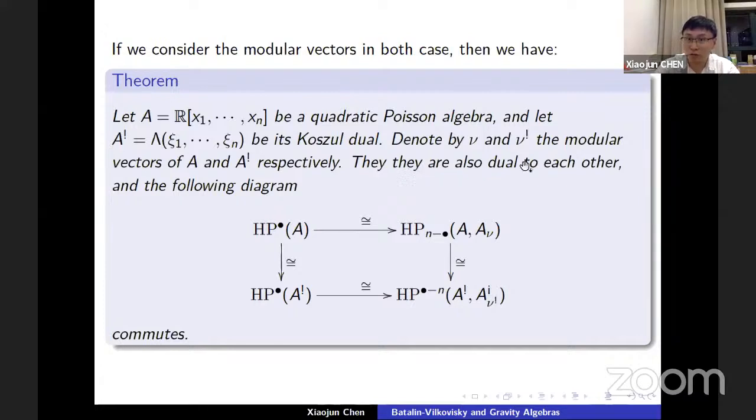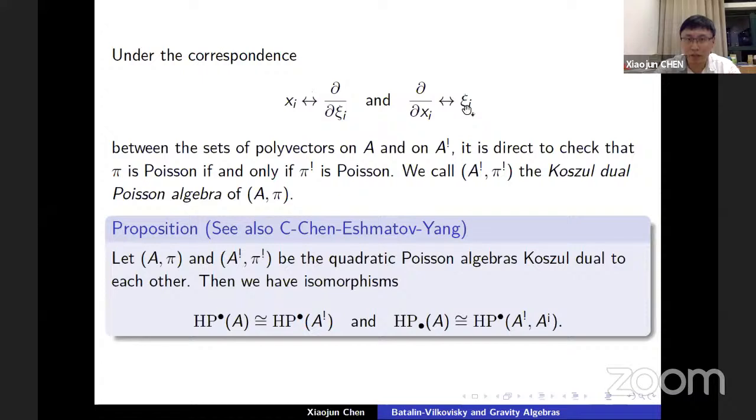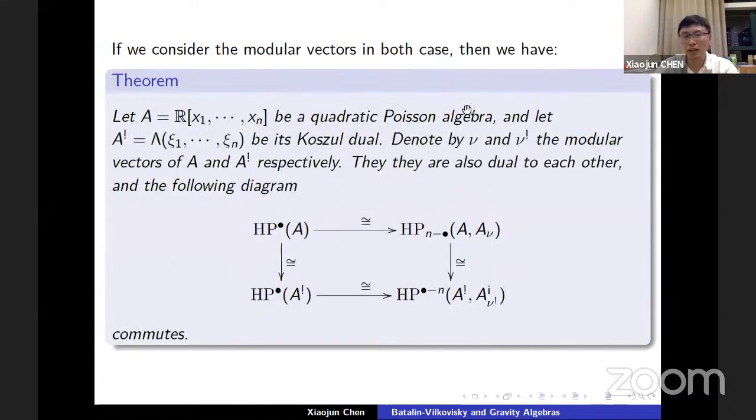Then they are also dual to each other, in the following sense: if you apply this correspondence, then one becomes the other. Then we have the following commutative diagram of isomorphisms. The horizontal ones are twisted Poincare duality, and the vertical ones are Koszul duality.